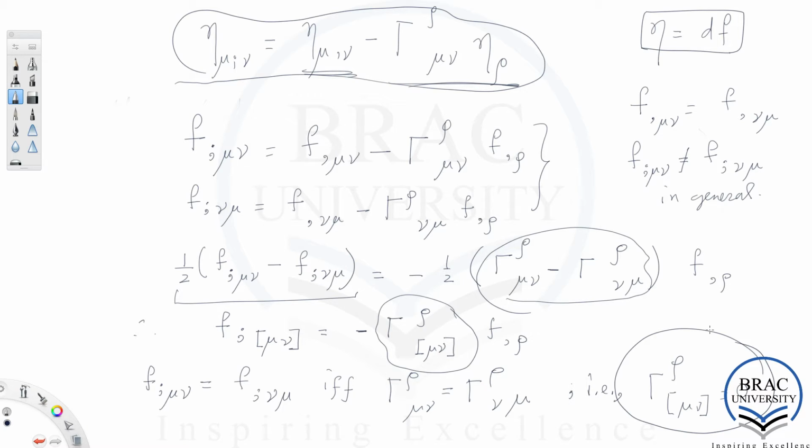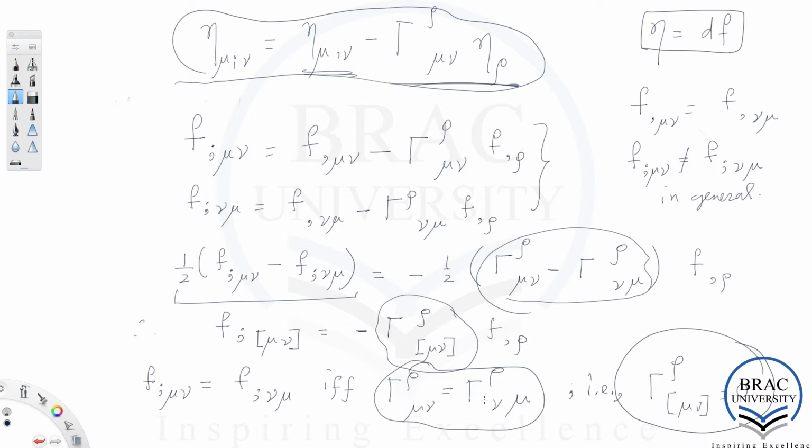So if the two covariant indices of the underlying connection coefficients commute with each other, we say that the underlying connection is torsion free.